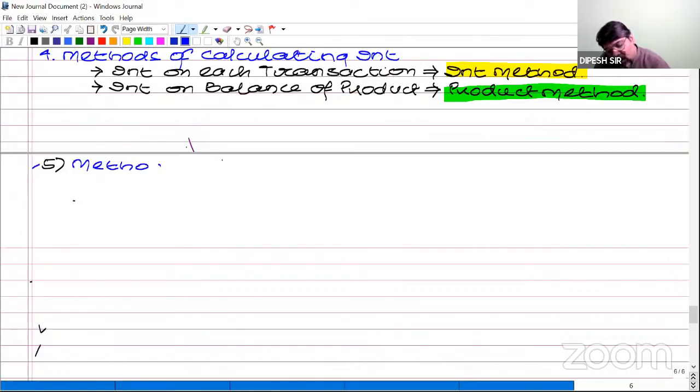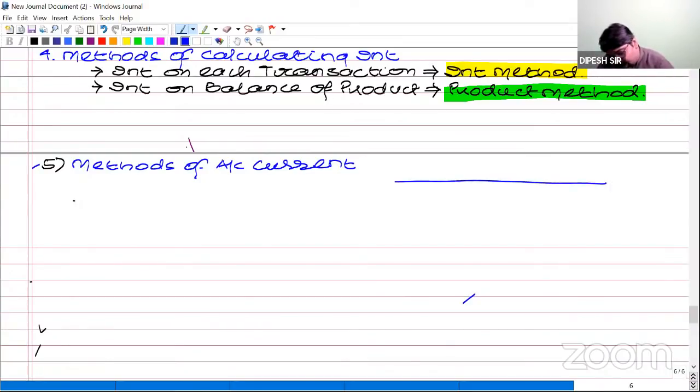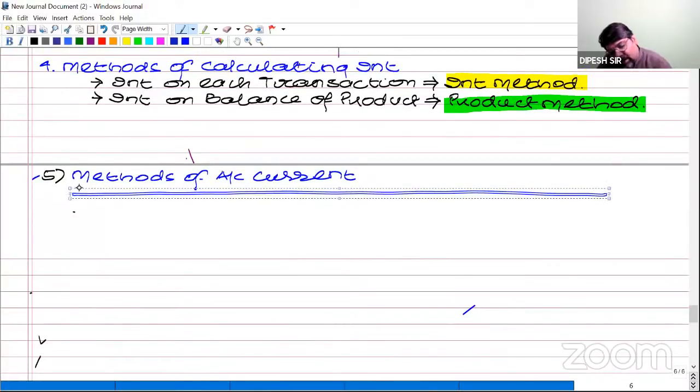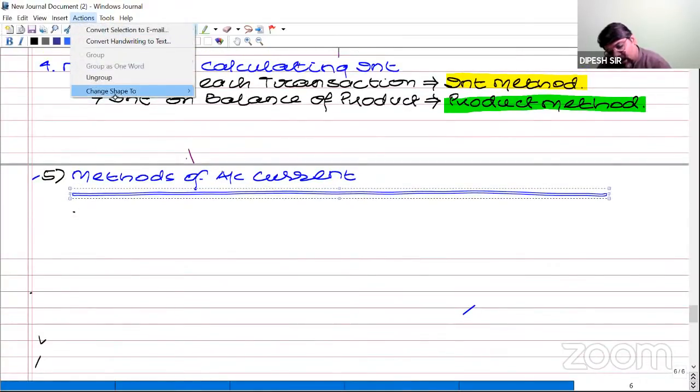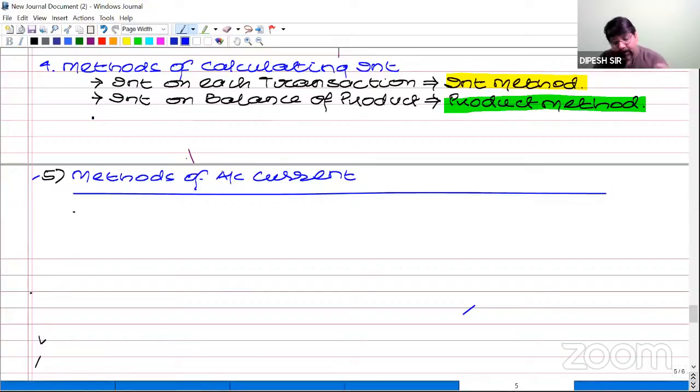Methods of account current. There are how many methods? 3 methods. Now, chartered, three methods.